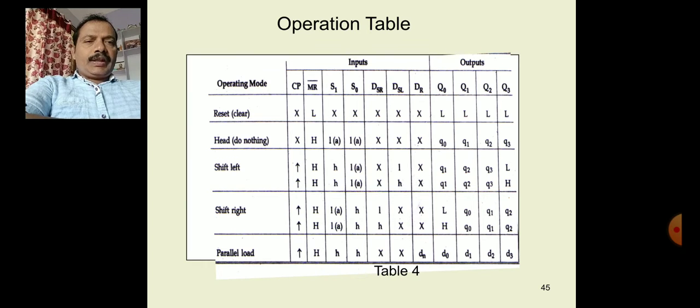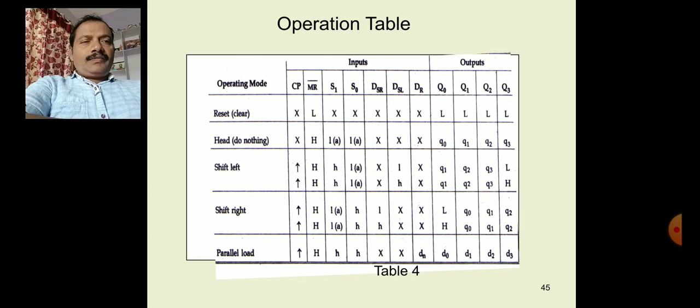That means whenever it is reset, that is, master reset is 0, then whatever may be the activities on the clock, control bits, mode selection bits, and shift right, shift left inputs, the flip flops are cleared.